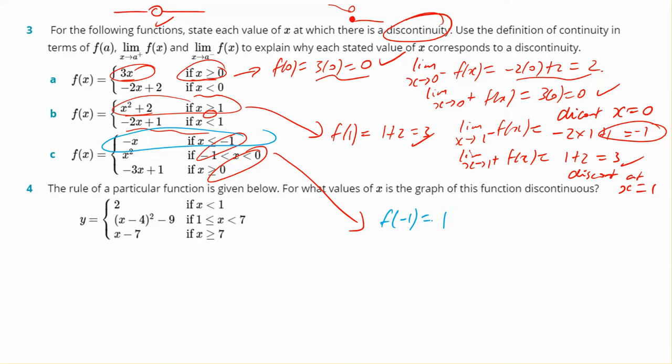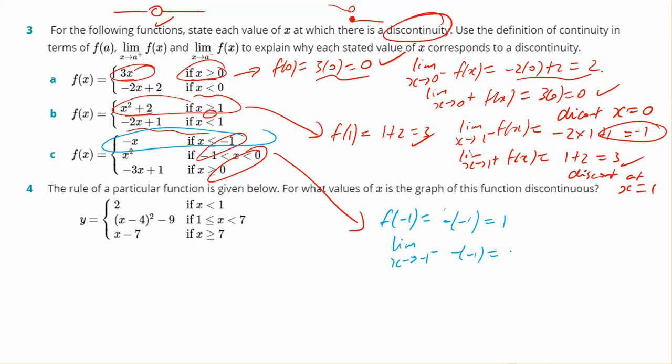So negative of -1 is +1. And then from the right, h approaches 0. The limit as x approaches -1 from the left is found when I sub into the first equation again.